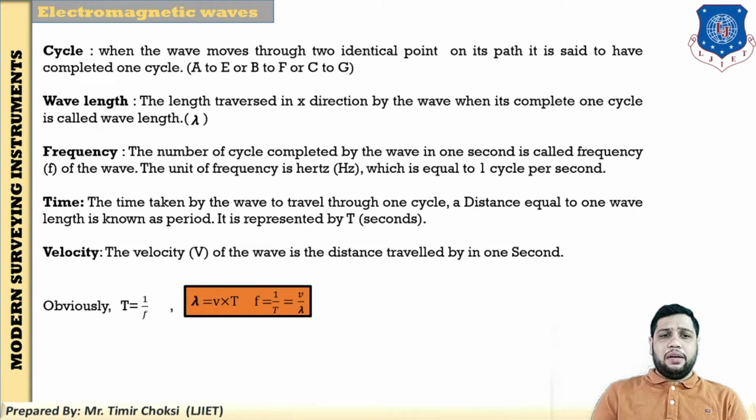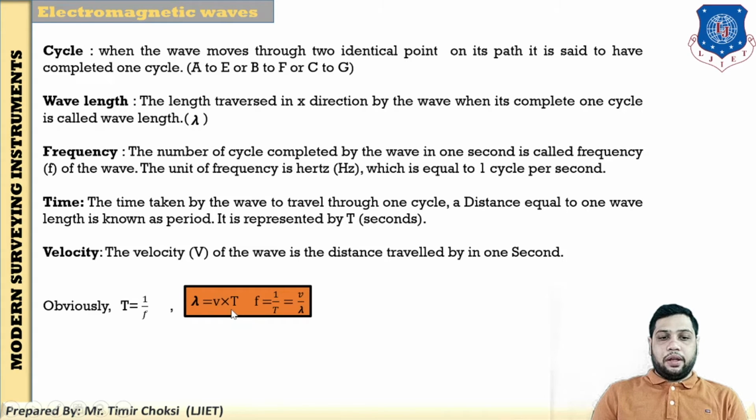And the last property of the electromagnetic wave is the velocity. The velocity v of the wave is the distance traveled in 1 second. You know that velocity equals distance upon time. So T equals 1 upon f, and lambda equals v into t, where v is the velocity.